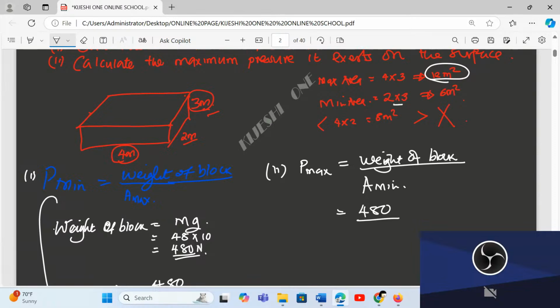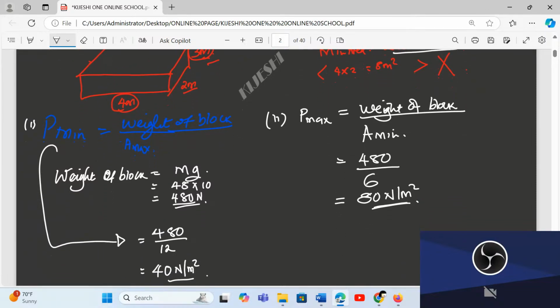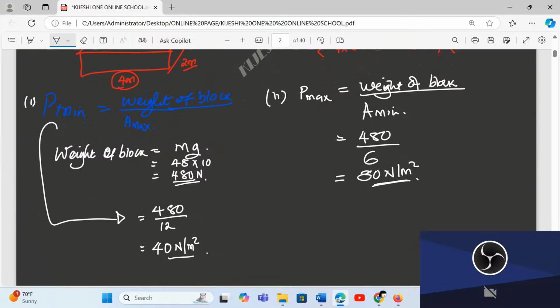We have said that it is 6 square meters. And this will lead us to 80 Newton per square meters. That is an example, a working example.